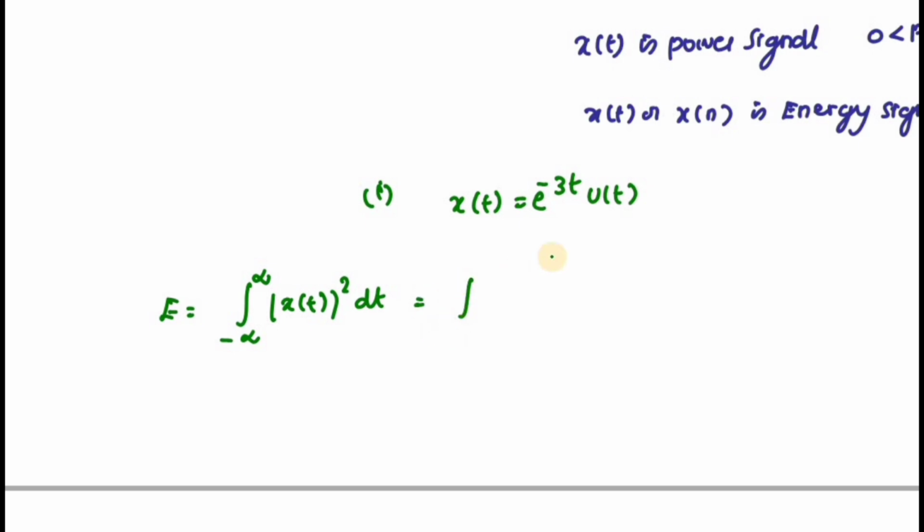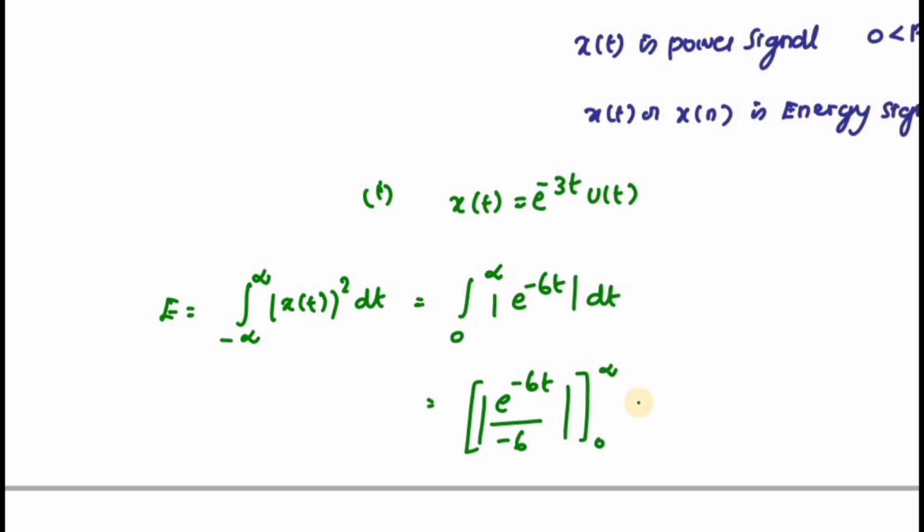Since it is u of t, it is from 0 to infinity e power minus 6t dt. Integrating this, it becomes e power minus 6t divided by minus 6, from 0 to infinity. I can take 1 by 6 common, and now I am substituting: e power minus 6 infinity minus e power 0.